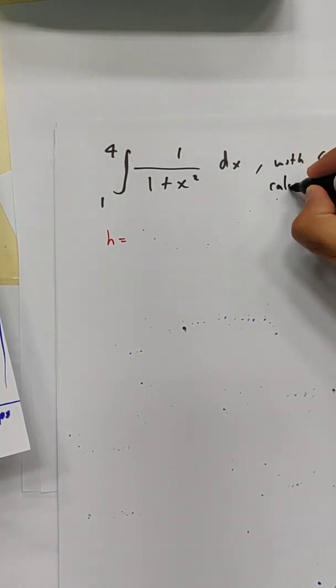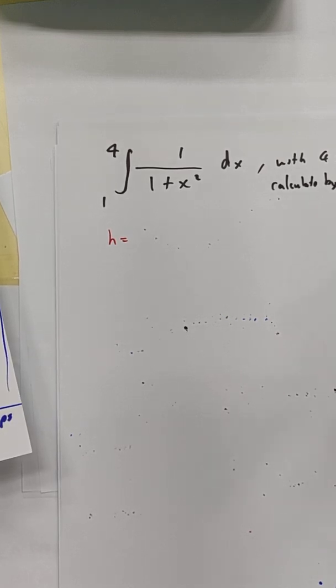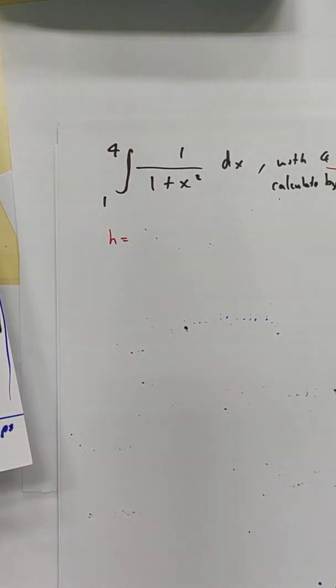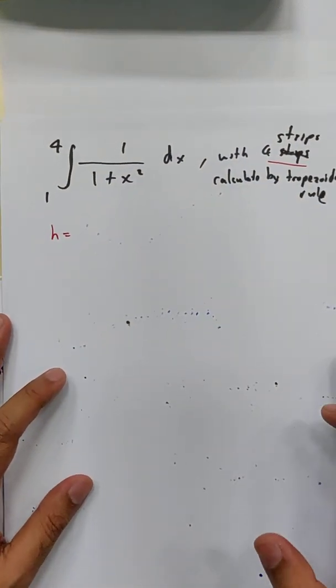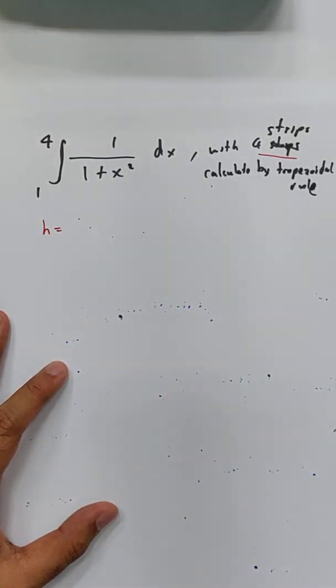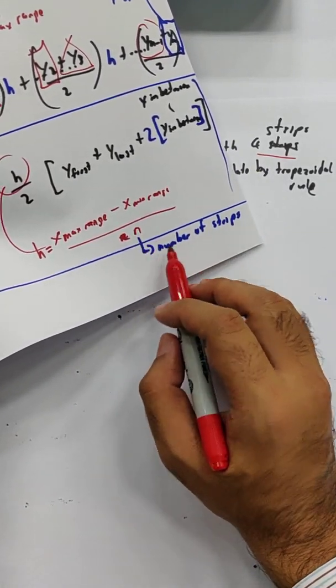Calculate by trapezoidal rule. So h will be X max range minus X min range over N number of strips.